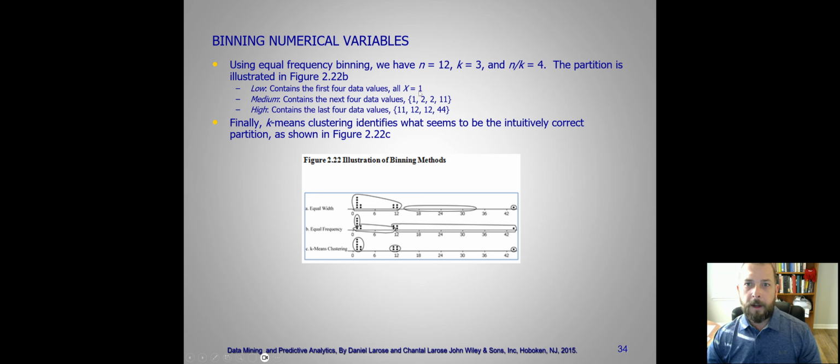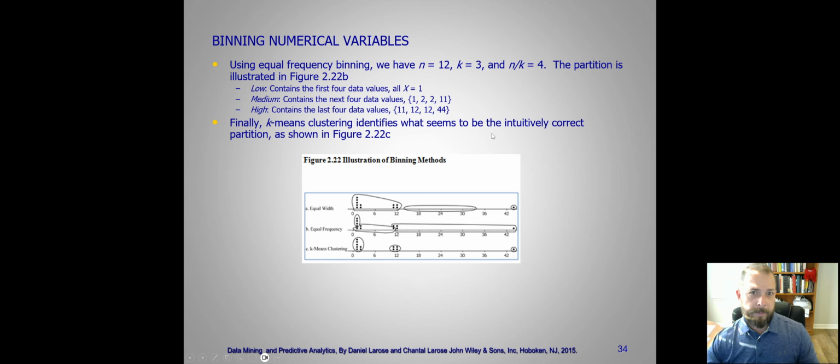Low ends up only containing x equal to 1. Medium gets all of our 4 data values here, and then high contains the last 4. So we do a little bit better job with equal frequency, but we get some overlap with our distribution as well. K-means clustering is another way of doing this.